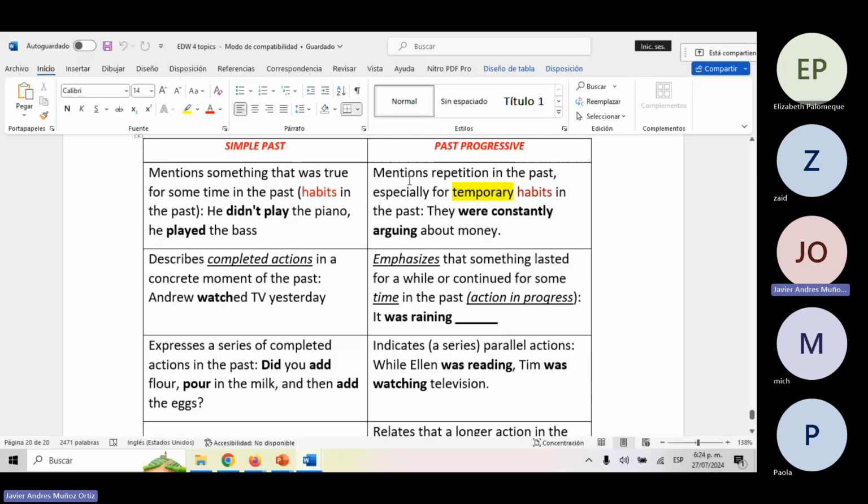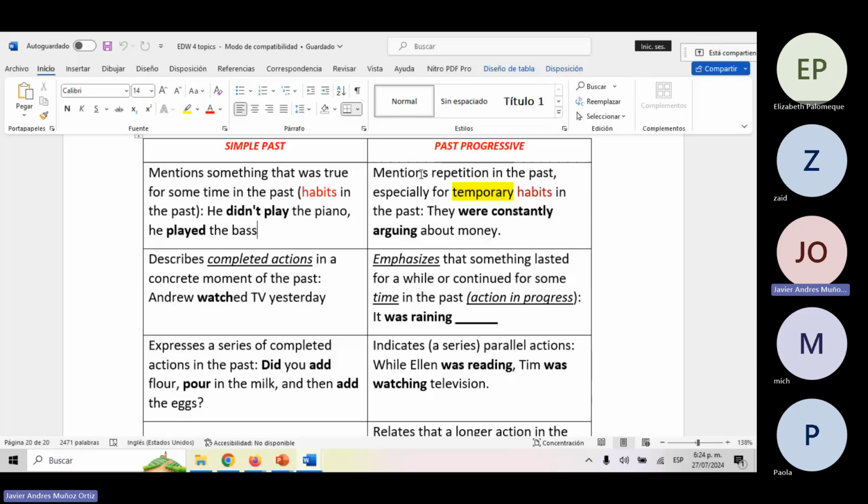Past progressive mentions the same, a repetition in the past, especially for habits, but the difference is that with past progressive, these habits are temporary. In both cases, we are talking about an action that lasted for a period of time in the past.